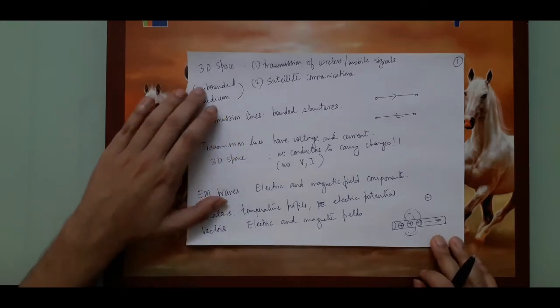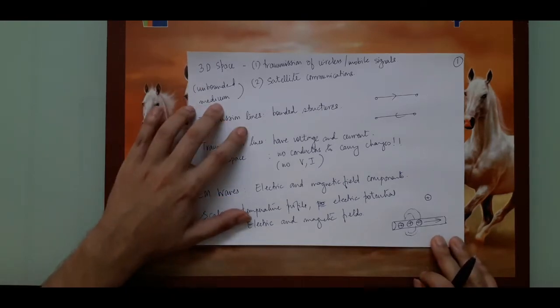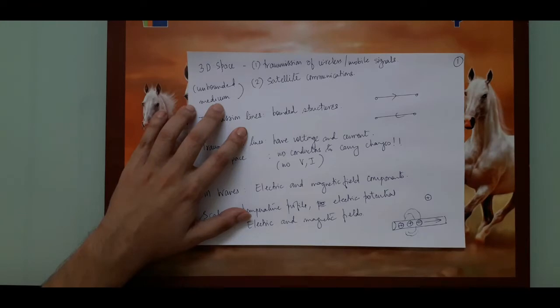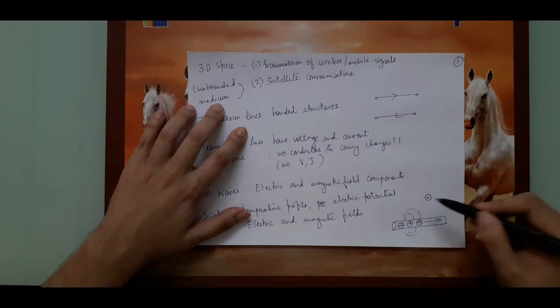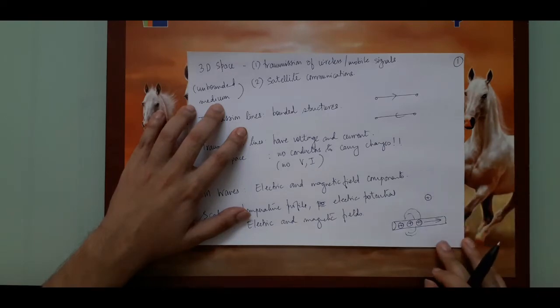So this was found after experiments by many physicists, most notably by Ampere and Oersted, and many of the electric field experiments were done by people like Coulomb, Gauss and more.